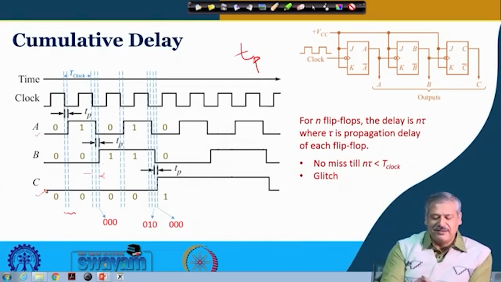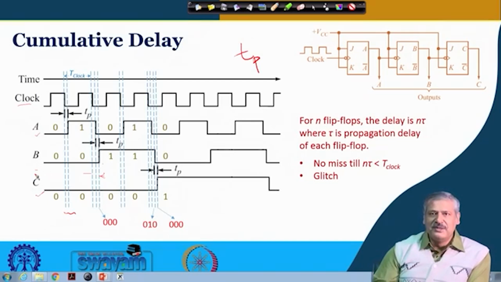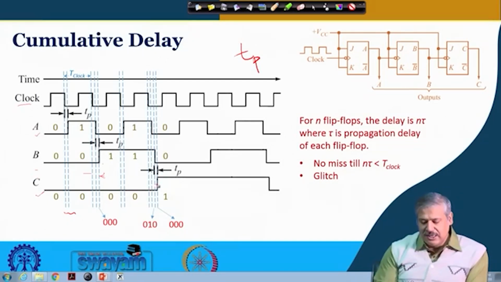C is not triggered by the clock, it is triggered by B. B takes two propagation delays from the clocking instant, so C will take another one. So three propagation delays will come into the picture. Is it clear? In this arrangement the propagation delays are cumulative.